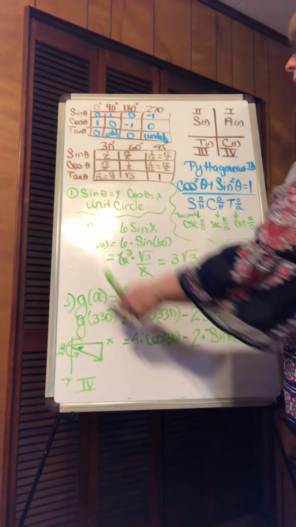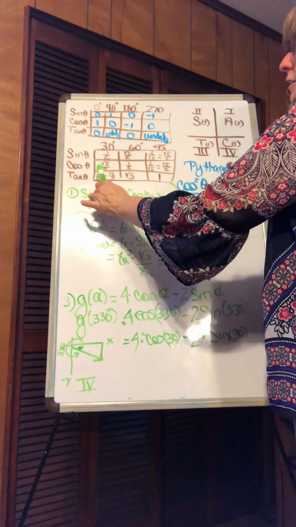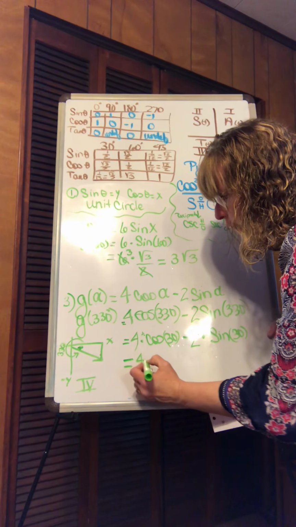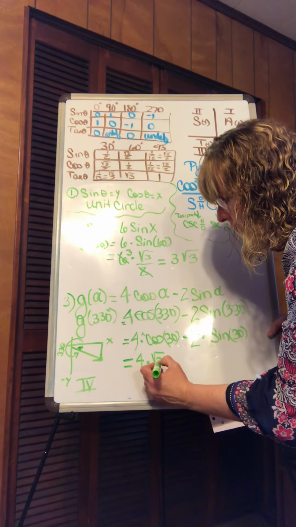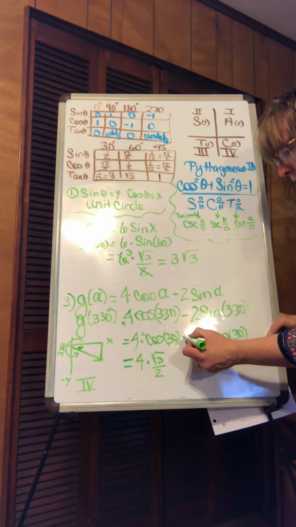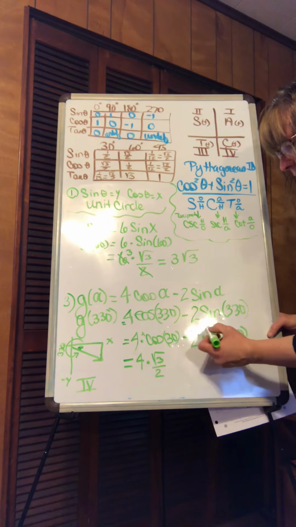So the cosine of 30, if I come up here to my chart, is rad 3 over 2, and it's positive, so this is now 4 times rad 3 over 2. And here I have minus 2 times a negative, double negative.